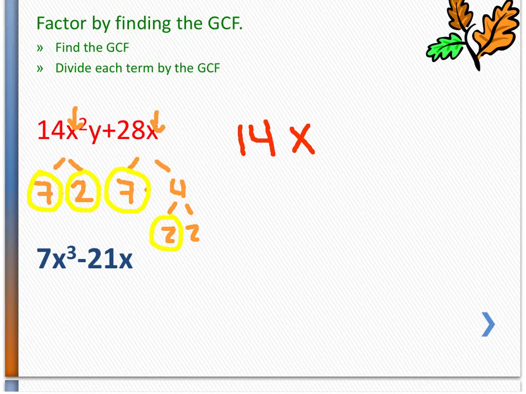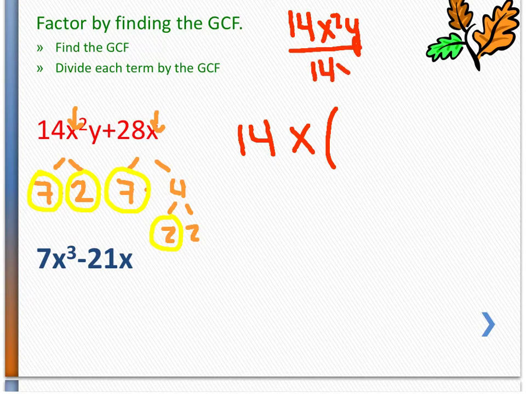Now, whenever we're factoring, we pull out the GCF, we factor it out, and what we're actually doing is dividing the term by that GCF. So for example, if I had 14x squared y, and I divide it by 14x, what I'm left with is just, well, 14 divided by 14 is 1, x squared divided by x is x, and y divided by nothing on the bottom is just y.